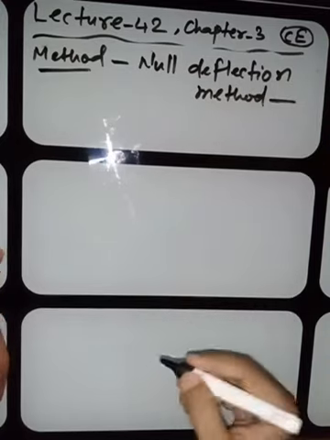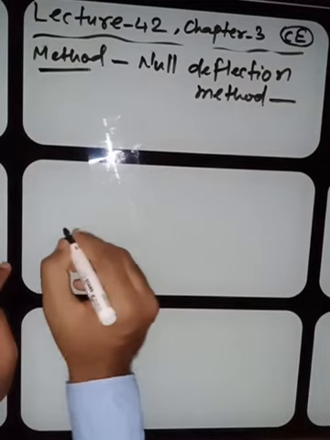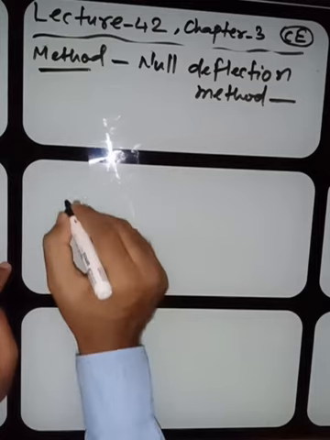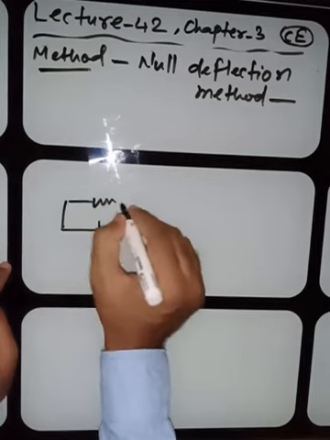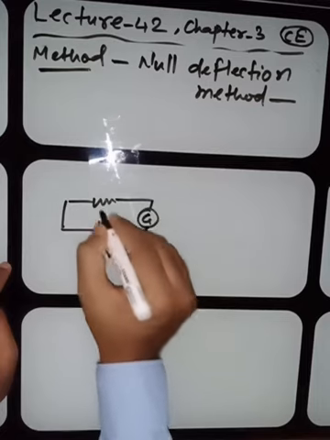With a very simple example, I will explain it to you. Suppose this is a battery, here I'm using 5 volt, and a resistance, and you apply a galvanometer over here.